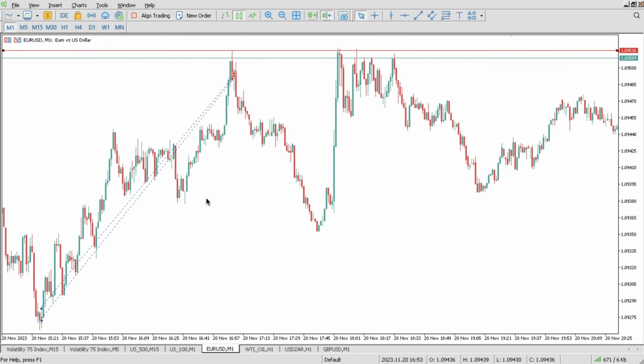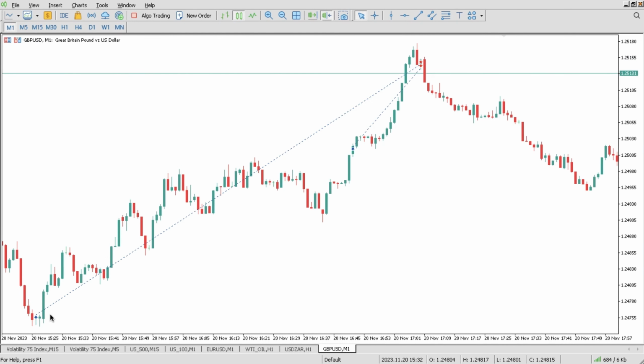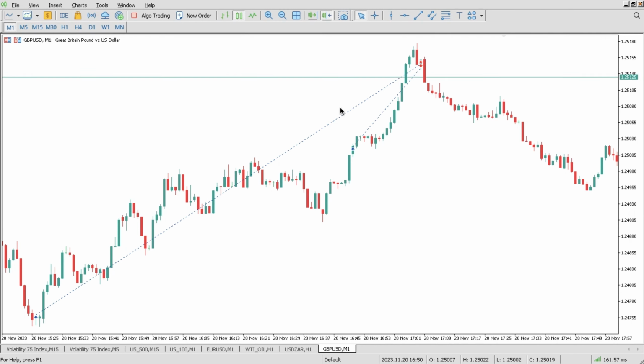It's because these markets, they are manipulated, so it's very easy to trade them if you know what you're doing. So on euro, two positions there, exit there. Pound, one position there, I added one more there, exit there, very close to the high again.